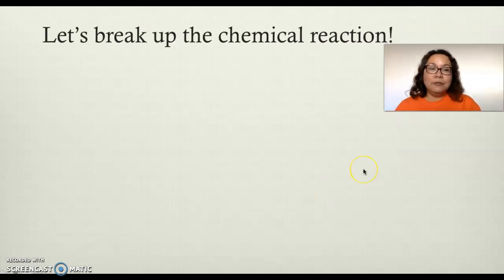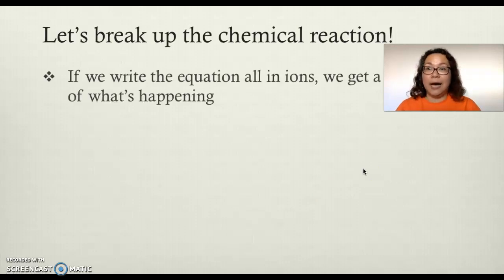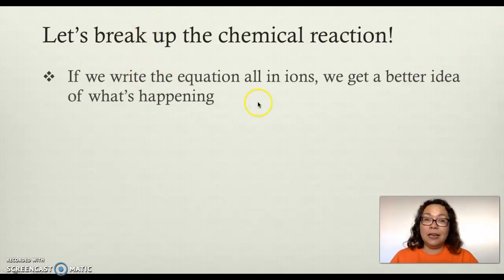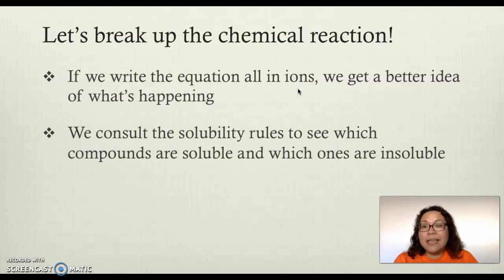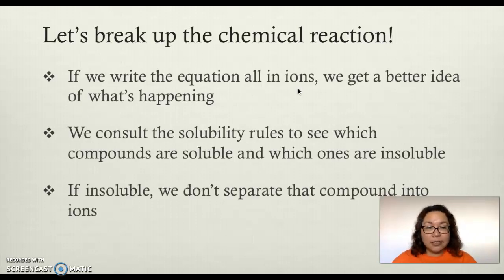Now what we want to do is break up the chemical reactions into ions. If we write the equation all in ions, we actually get a better idea of what is happening. Then we consult the solubility rules to see which compounds, when we put them in different combinations, are soluble and which are insoluble.